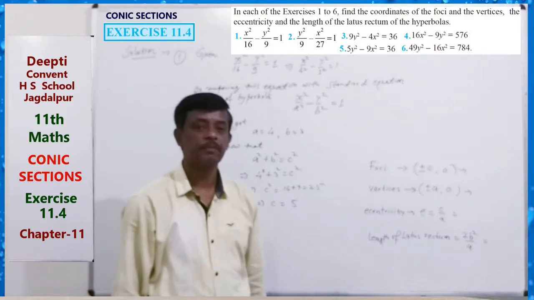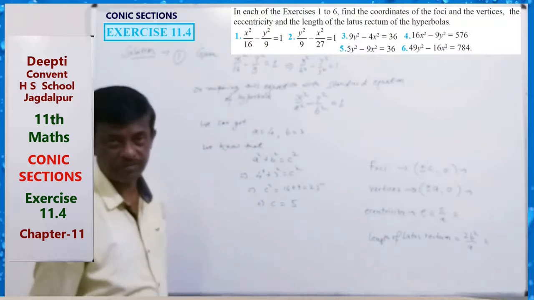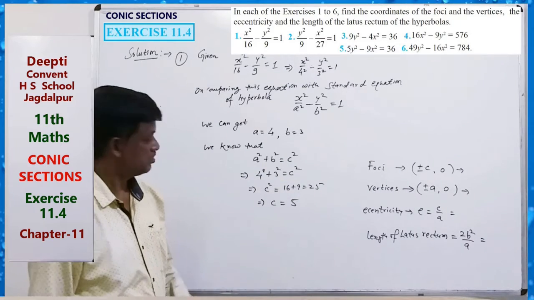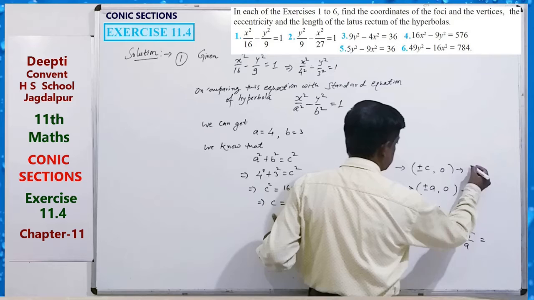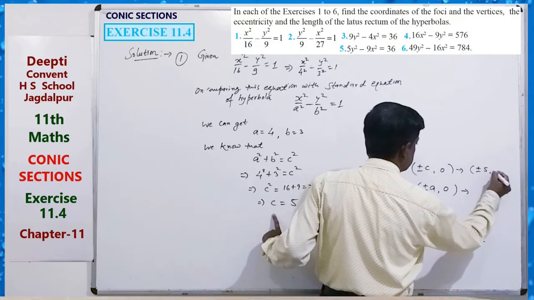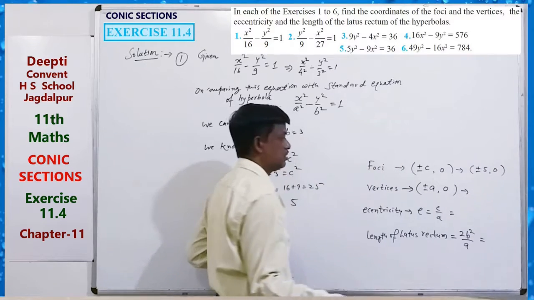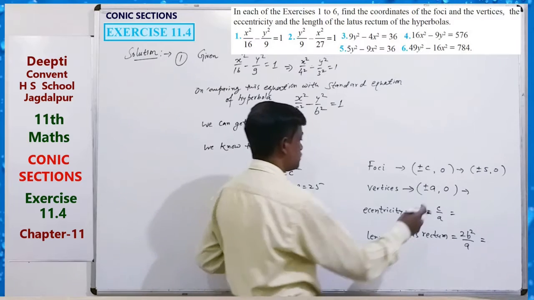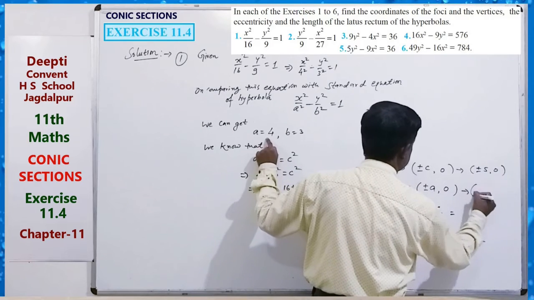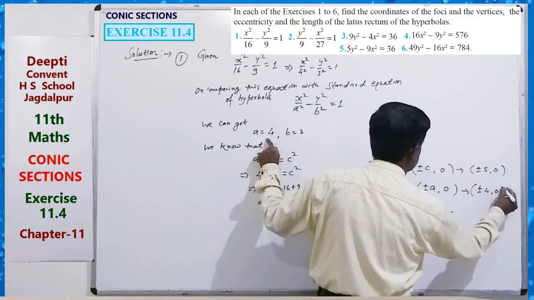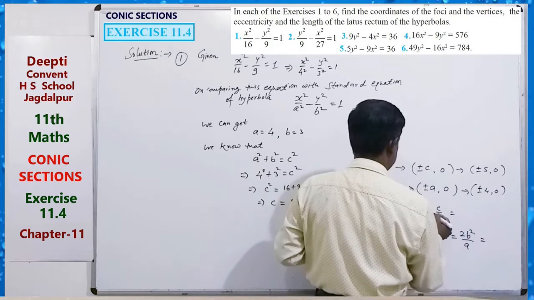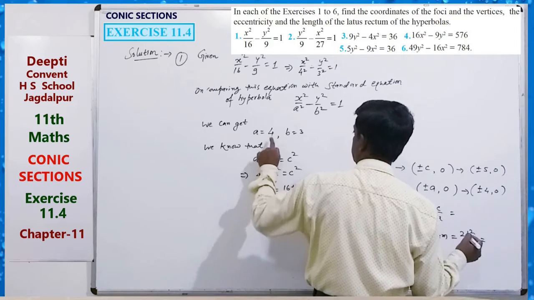Therefore, the foci are plus minus 5, 0, and the vertices are plus minus a, 0, so plus minus 4, 0. And c by a is 5 by 4.